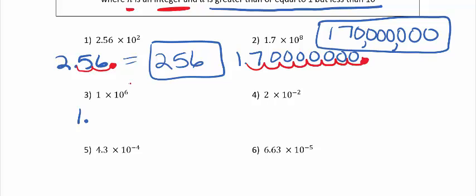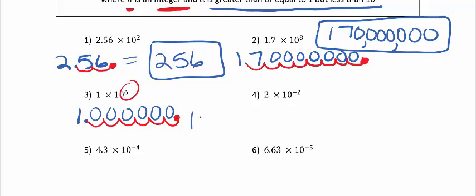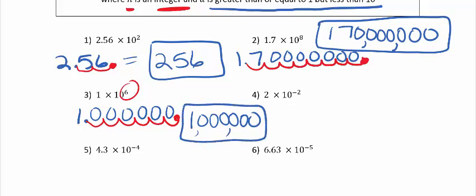And positive 6 power means we're going to move the decimal 6 places to the right. 1, 2, 3, 4, 5, 6, and that's where the new decimal is going to go. And then we're going to fill in those places with 0. So our final answer is a 1 with 1, 2, 3, 4, 5, 6 zeros. Well, that's 1 million.